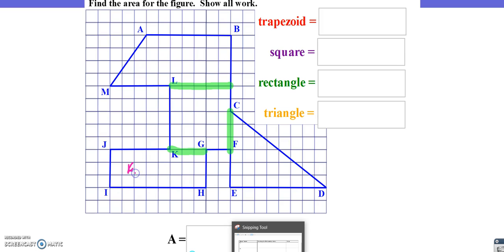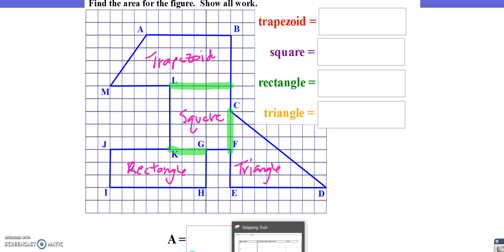So we have our rectangle, we have our triangle, we have our square, and the trapezoid. And we're just going to use their respective formulas.